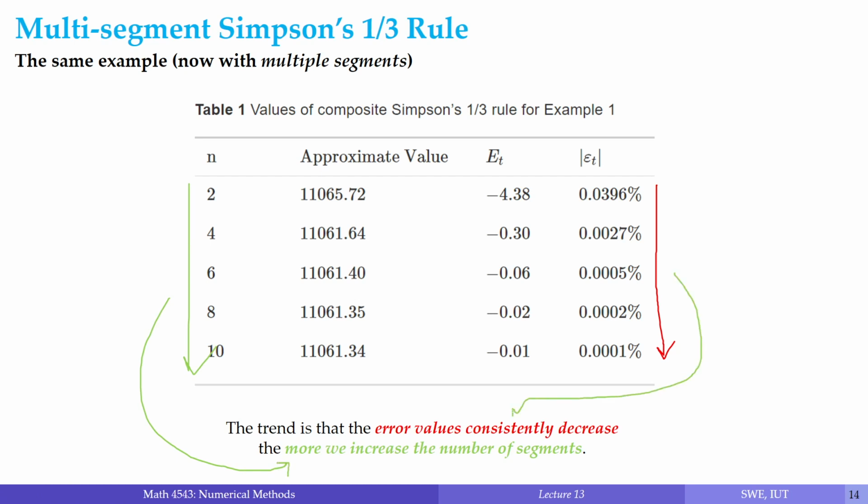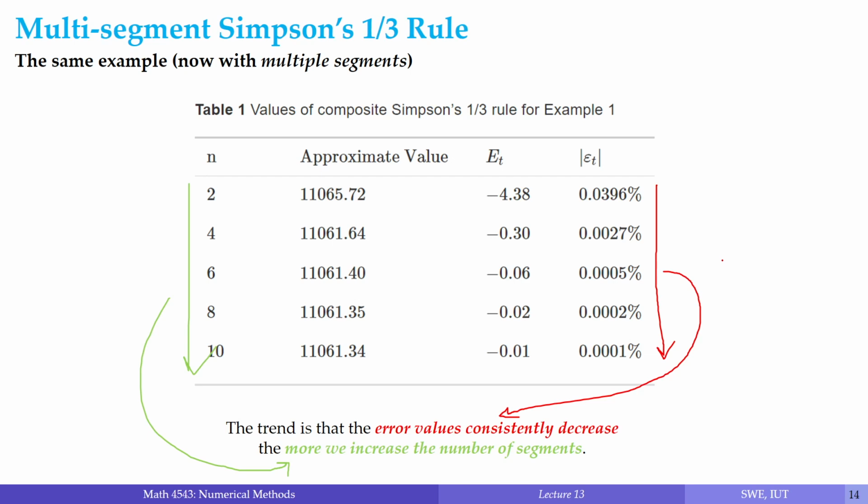A good rule of thumb is, in order to increase the accuracy, or sorry, not precision, the goodness of our approximation, we can choose to increase the number of segments that we are considering for the multi-segment Simpson's 1/3 rule. Fine. If you have any questions, you can let me know about this.